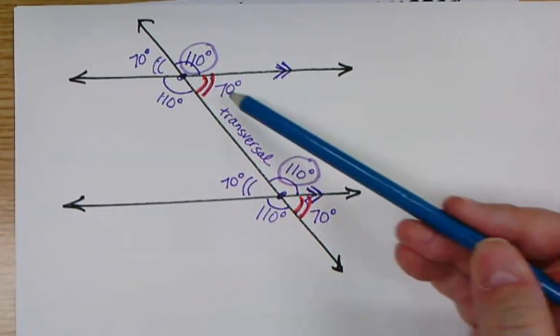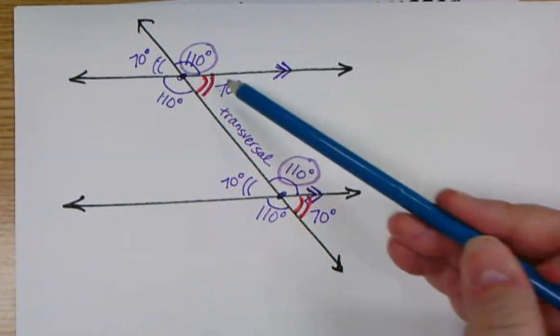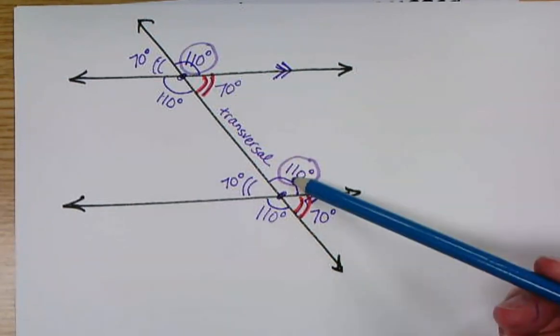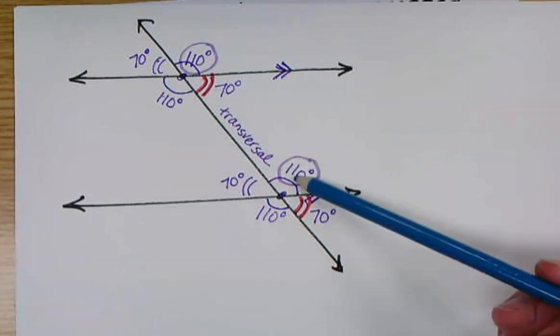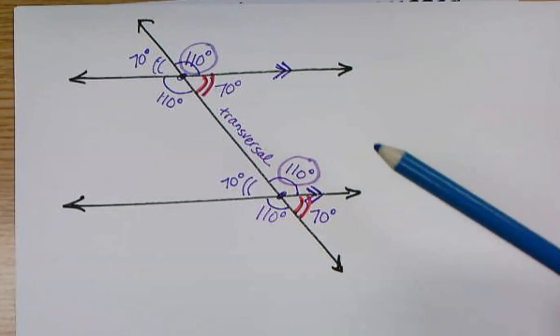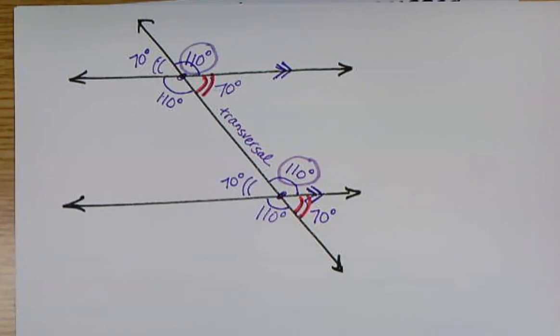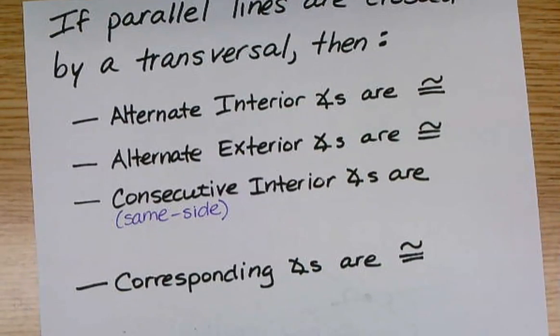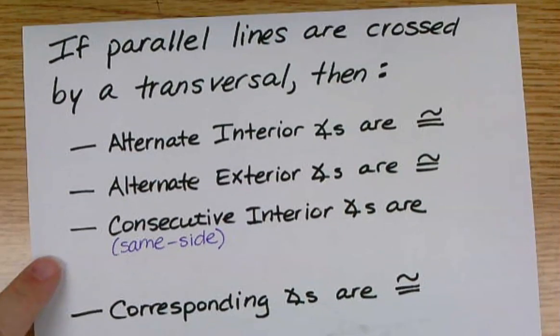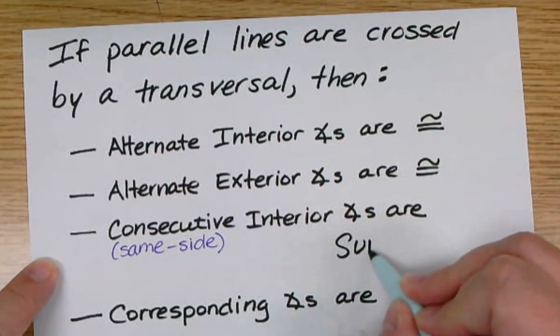Consecutive is like in a row, and they're in the interior. Those are not the same. 70 and 110 are not the same. But they do have a relationship. They add up to 180. So that is what is always true of same side interior angles. They add up to 180. And the word we have for that is they are supplementary.